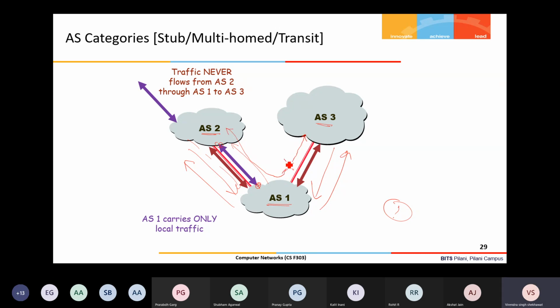If this is not there, then I am called a multi-homed autonomous system. Then AS1 will be called a multi-homed autonomous system. So what is a multi-homed autonomous system? An autonomous system which is connected with two autonomous systems, but is not becoming a transit between the two autonomous systems, AS2 and AS3.